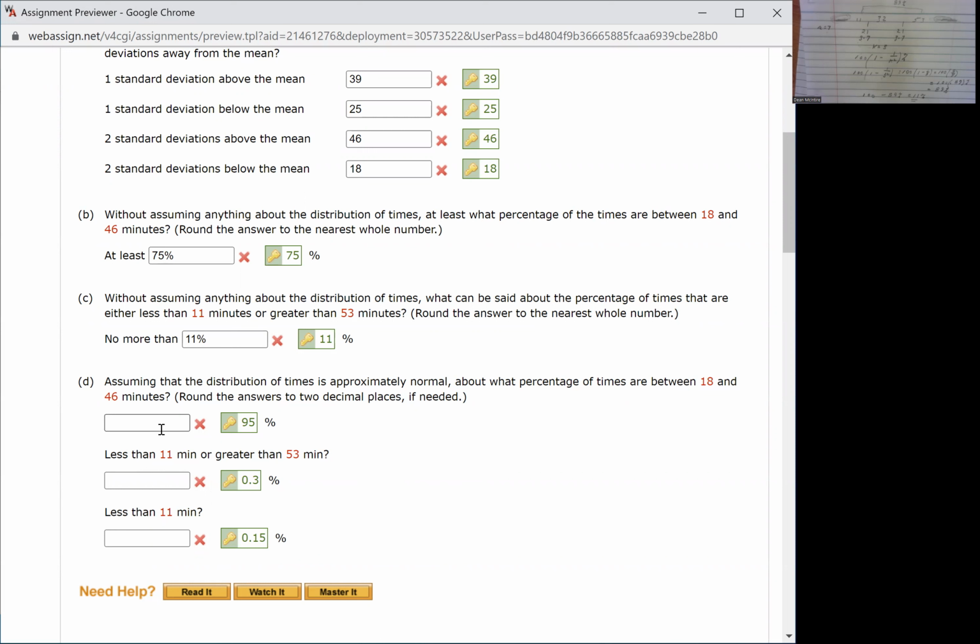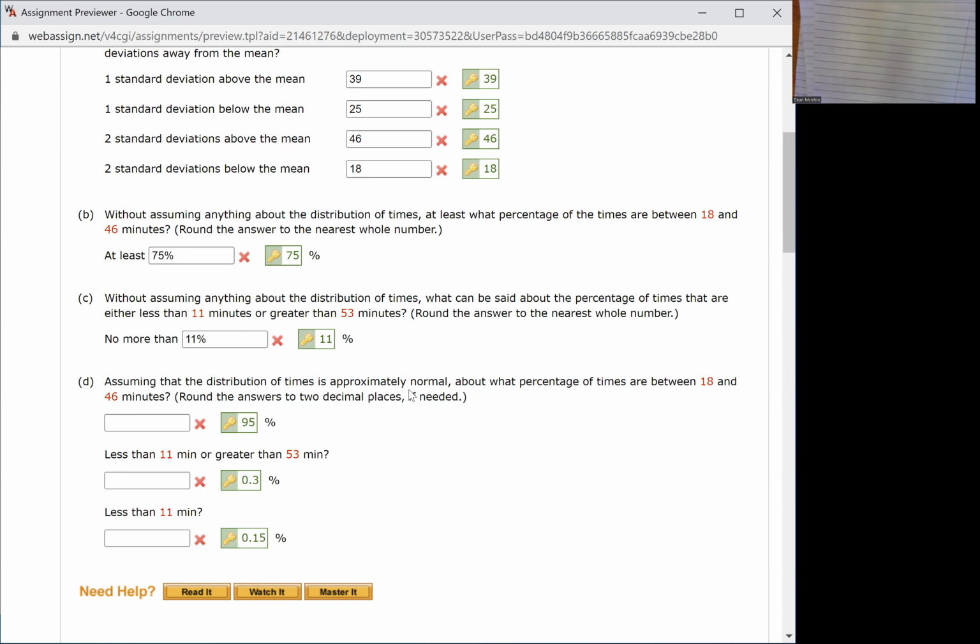But anyway, now what we have is in this one, we're assuming that this is a normal distribution. So we're going to use the empirical rule in order to get that taken care of, okay? So, using the empirical rule, what do we know?